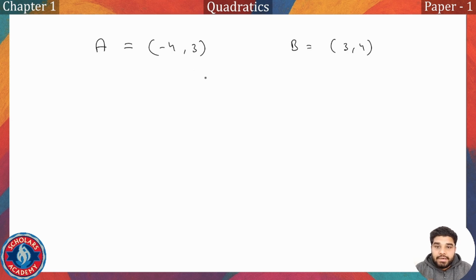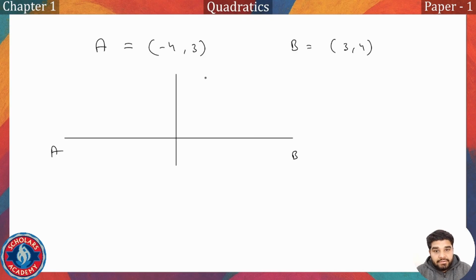Now for the perpendicular bisector, if this is a line AB, we need to find the perpendicular bisector.